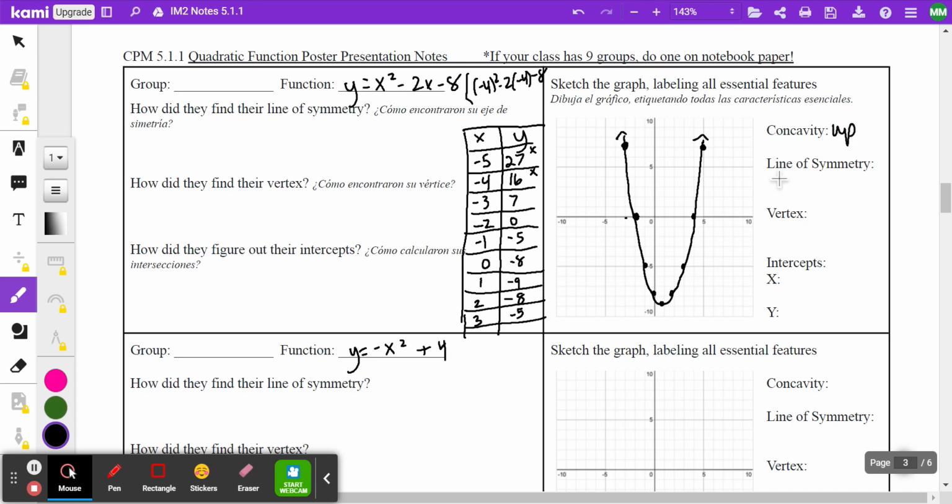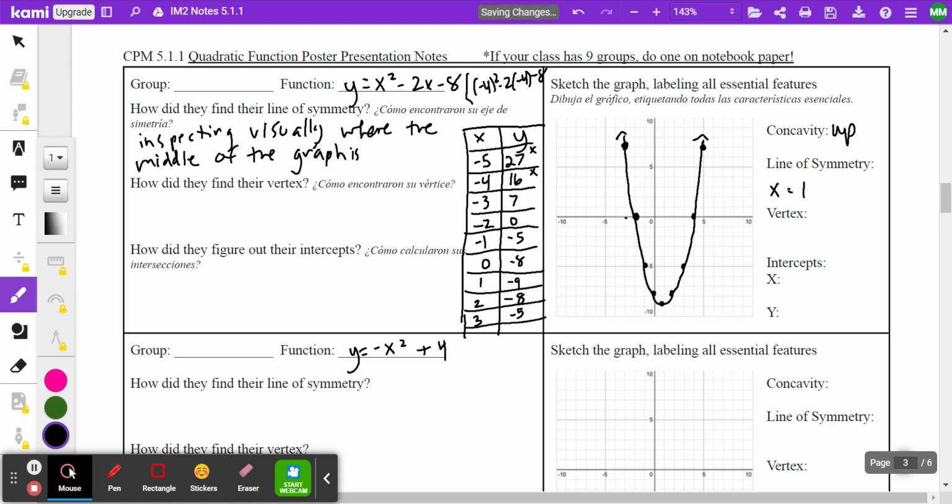The line of symmetry is x equals 1, and I found that by inspecting visually where the middle of the graph is.